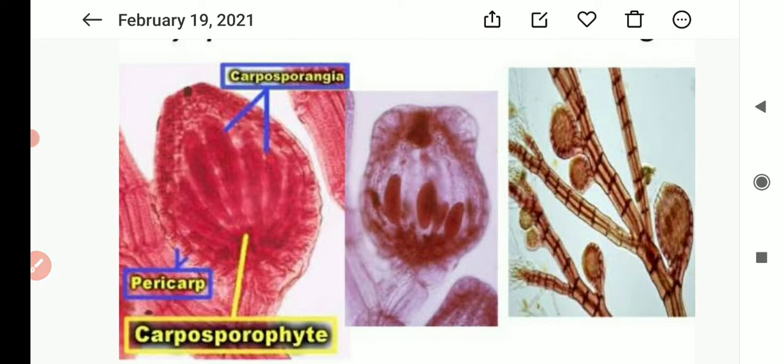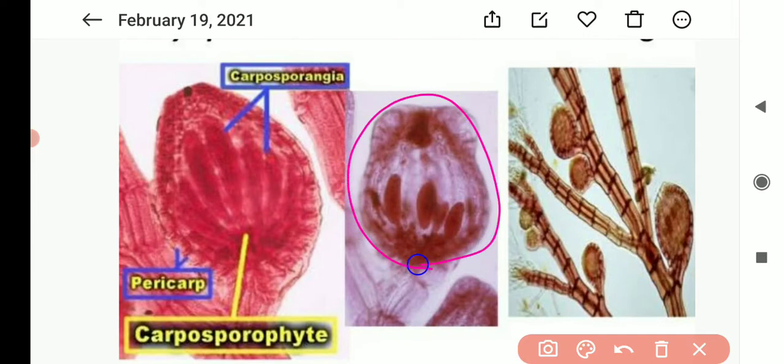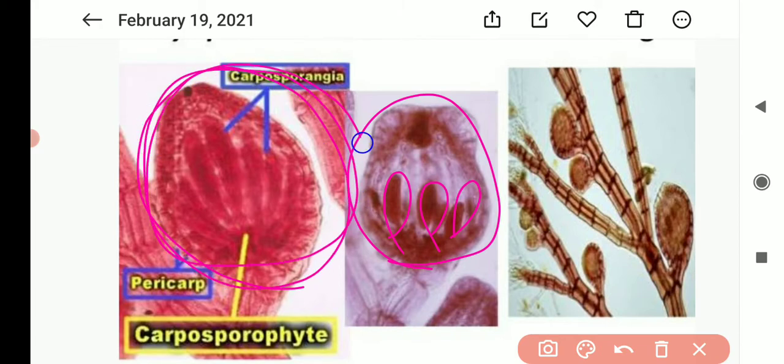These are again other images of the cystocarp, the female part, and the cystocarp bears the carpospores. So the entire thing, the cystocarp containing all these spores, we'll call as a carposporophyte.